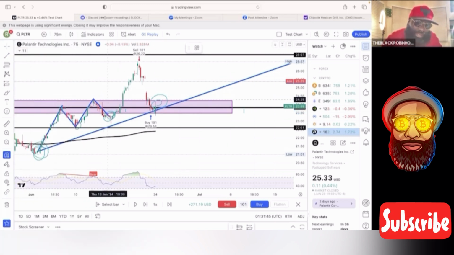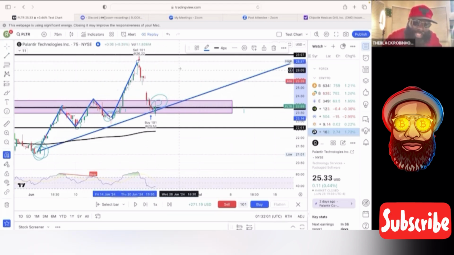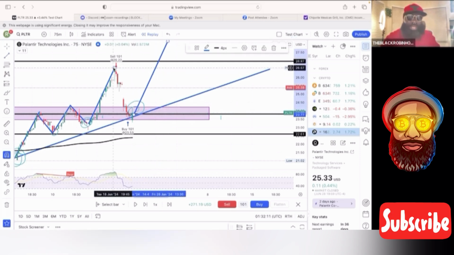Does that make sense? And then the highs are also getting higher and higher. So this high was higher than this previous high. This high is higher than this previous high. So if this is supposed to work out, it should make a higher high, higher than the previous high.